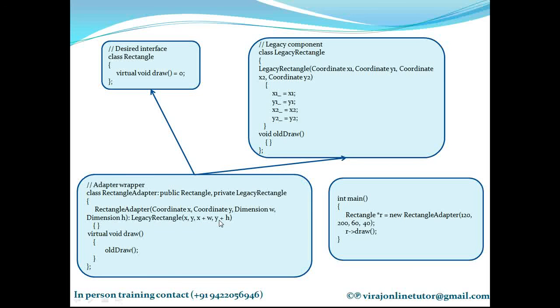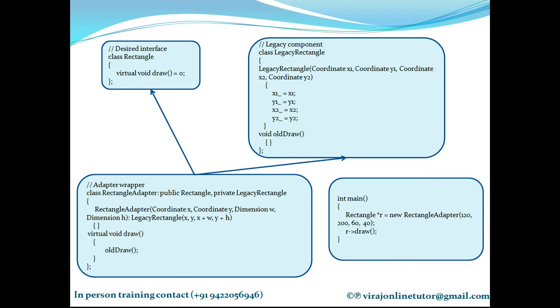So can you all tell me which type of adapter this is? Is this an object adapter or is this a class adapter? What is an object adapter? If the adapter contains the object of adaptee, we say that it is an object adapter.